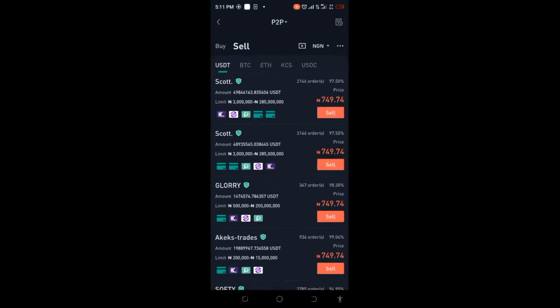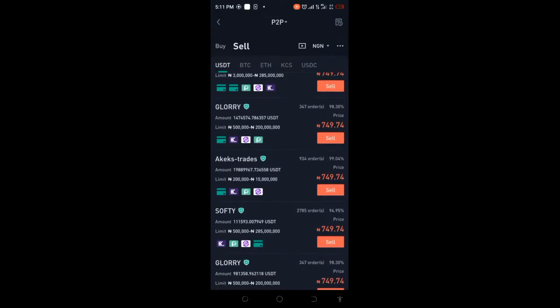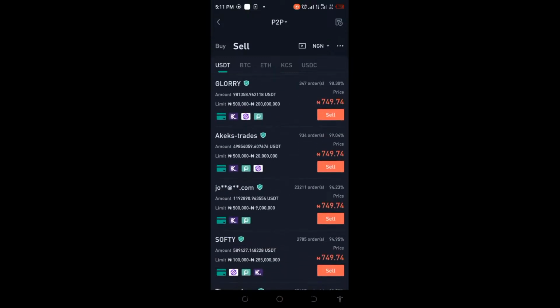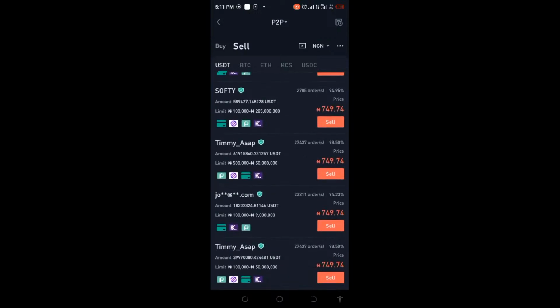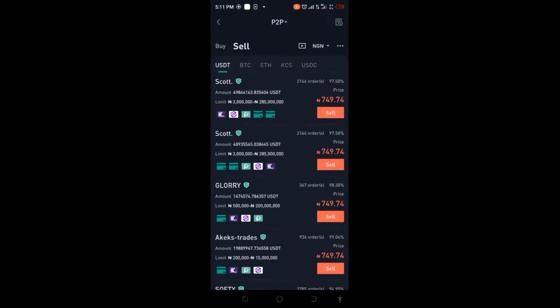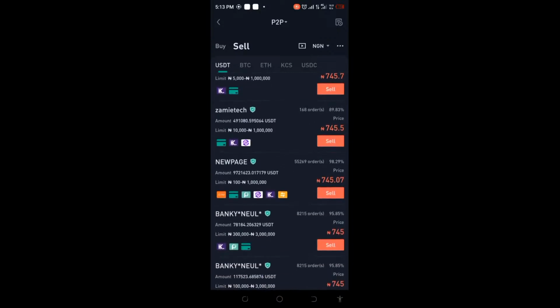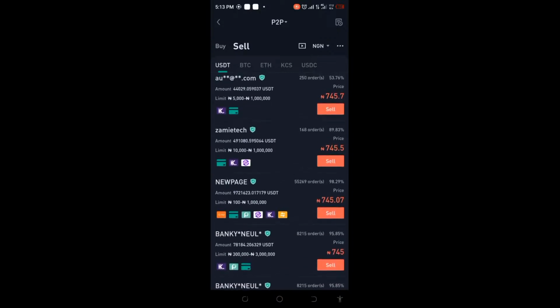Let's try and see whether we can put the range there, whether we can get the amount we're looking for. We're looking for $25, okay? So that we can even decide that what we want to do is to actually sell this off. So sliding down, you can look for the price range that you actually want to use.